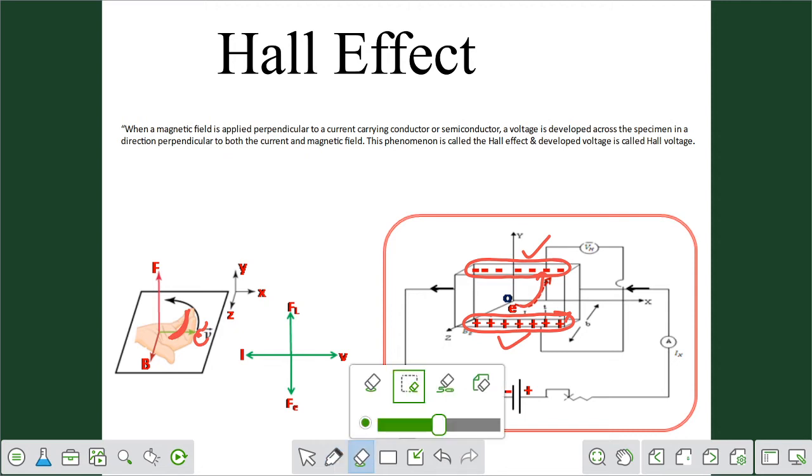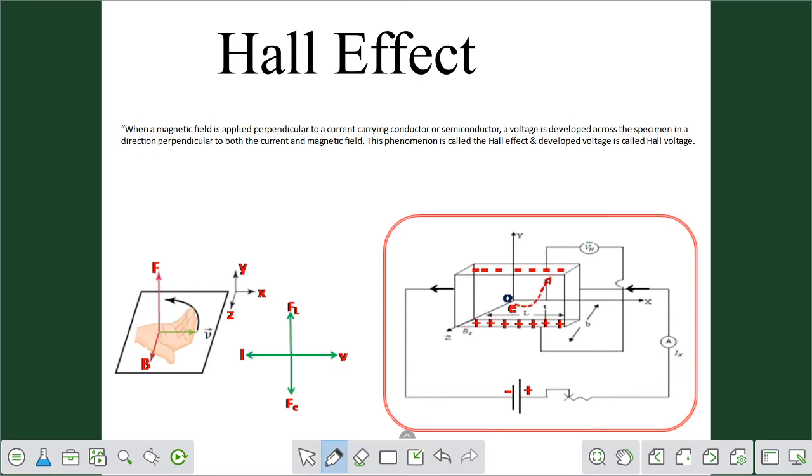So here the electrons will move toward the upper surface, and the distance between these plates of collected charge carriers, I am taking as small t. Okay, so for the Lorentz force, if you see in that diagram, that is the velocity of the electron, which is the drift velocity, and that direction is the current direction.